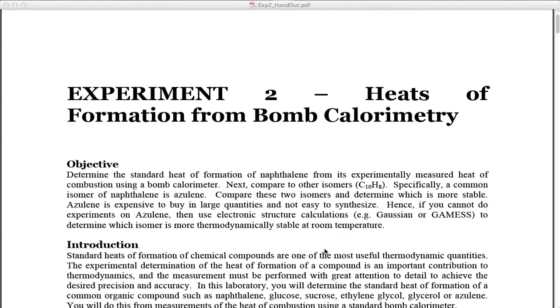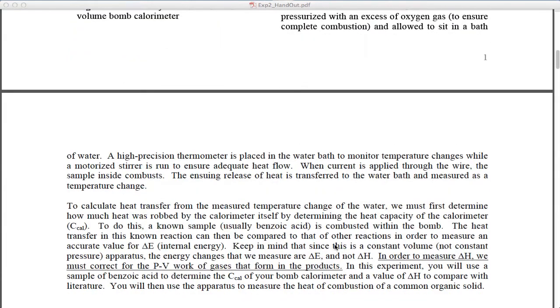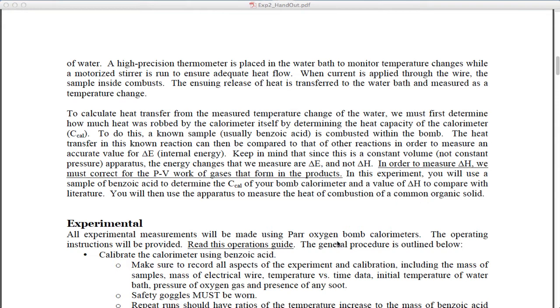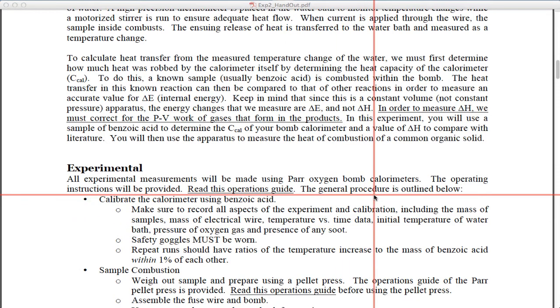So I provide an introduction to calorimetry as a whole and specifically to bomb calorimetry, where we're going to use a Parr oxygen bomb calorimeter, and I provide several operation guides, etc. So I'm not going to go through this in a lot of detail except to say the first week you're doing the experiments, and I provide quite a lot of information so you can do those experiments.